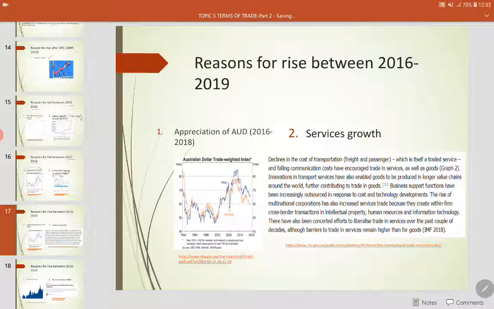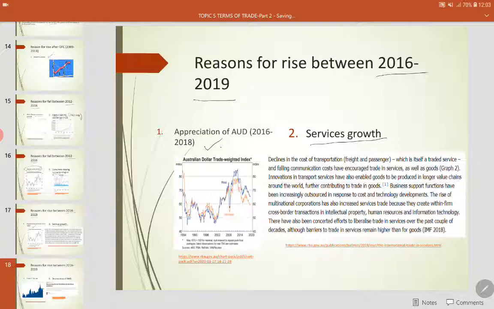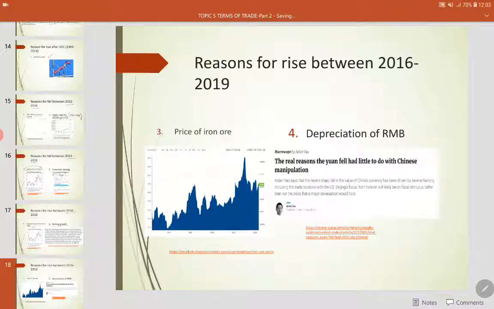Here, 2016 to 2019, we can see a slight appreciation, and there's also service growth. In terms of tourism, other services in Australia are growing, so that contributes to the growth. The price of iron ore starts to rise, and we have also seen depreciation of the Chinese currency.